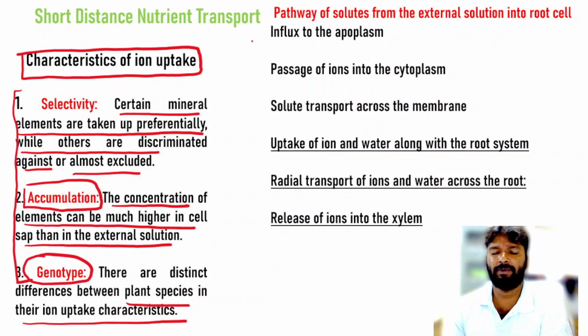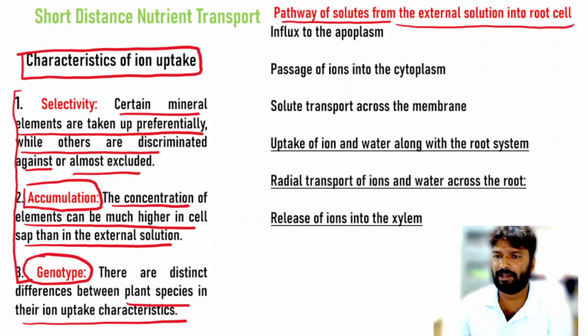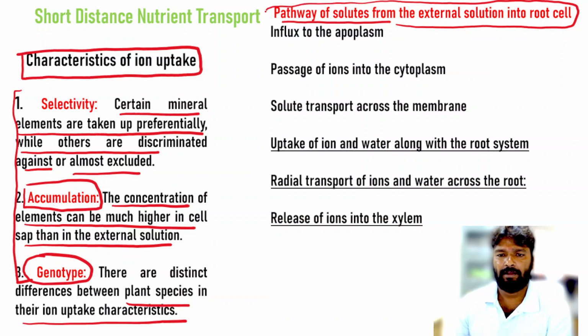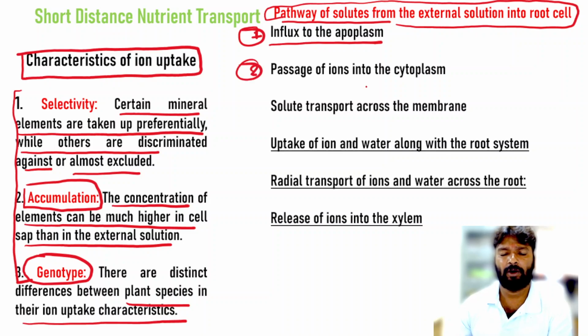Now we will start the pathway of solutes from the external solution into the root cells. The first process is the influx to the apoplasm. The second process is the passage of ions into the cytoplasm.